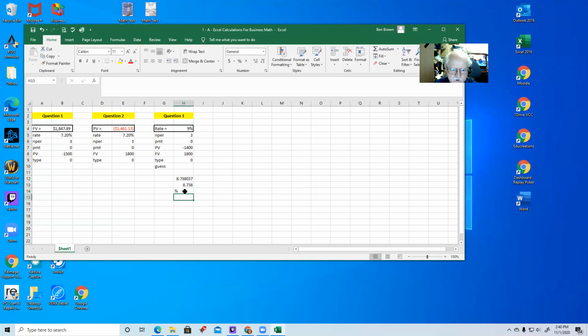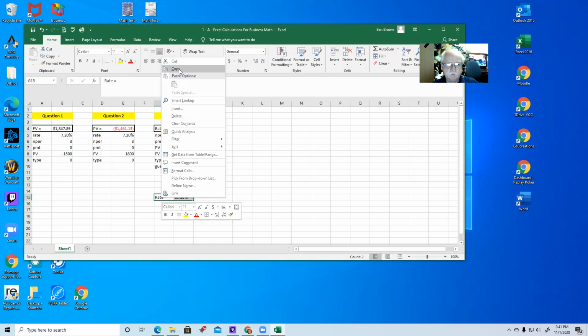So I'll put a percent sign here, and then I can go equals this plus this. And so we end up with our answer down here. That 9%, for some reason, Excel insists on rounding it to 0 decimals, but we wanted 4 decimals. So we're going to go with this as our answer.